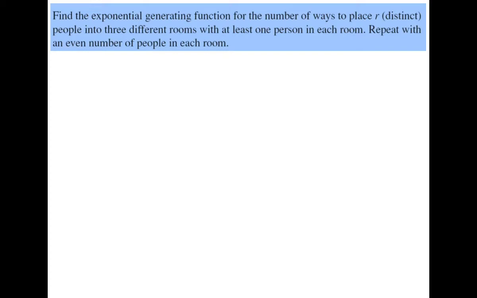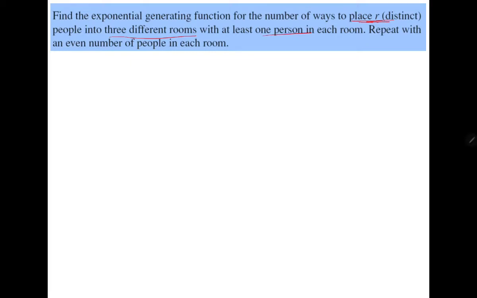Find the generating function for the number of ways to place r distinct people into 3 different rooms with at least one person in each room. So again we have to write down the generating function, but recall that when we say r identical objects, it is a problem of selection, and when we say r distinct objects, it becomes a problem of arrangement, and that's why we need the exponential generating function.